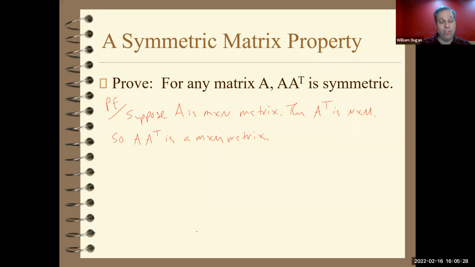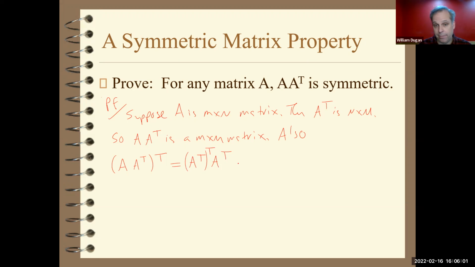Now, to show it's symmetric, I have to show that if you take its transpose, you get the same thing back. So let's just do that. Also, if you take A times A transpose and take its transpose, let's see what happens. You know that when you take the transpose of a product, you reverse the order of the factors, and then you take the transpose of what's left over.